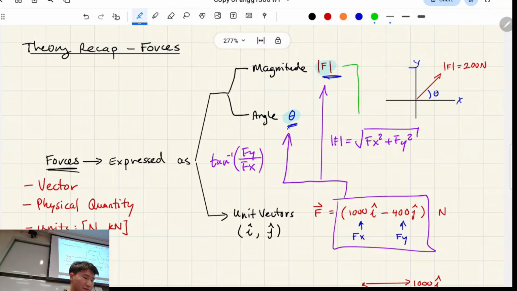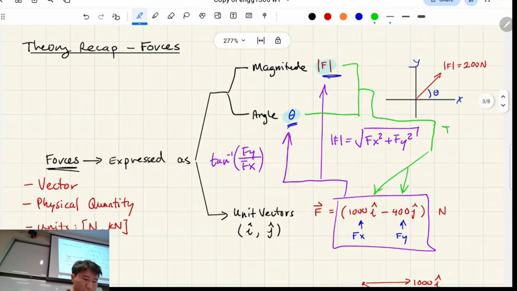Every now and then, you also have to convert the other way around. So once you have the magnitude and the angle, say you want to get Fx or Fy. You'll have to use trigonometry, right?